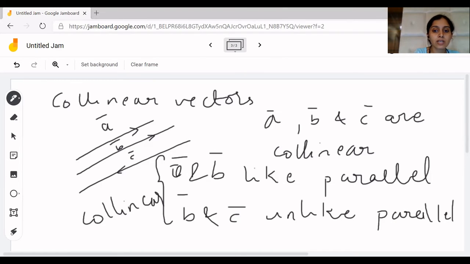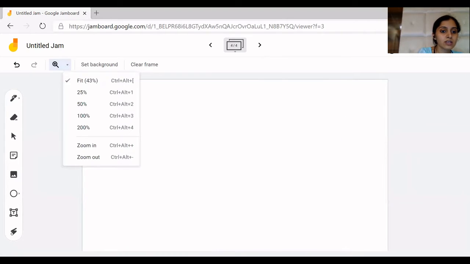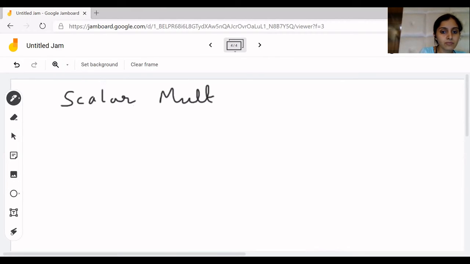Now what we need to understand is the algebra of vectors, that is addition, subtraction, and scalar multiplication. So let us begin with scalar multiplication of vectors. This is fairly simple. Basically a vector is multiplied by a scalar.